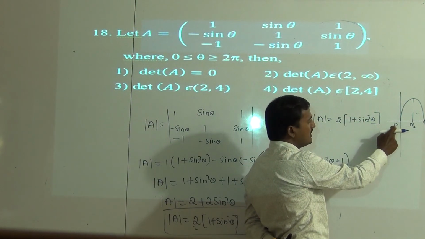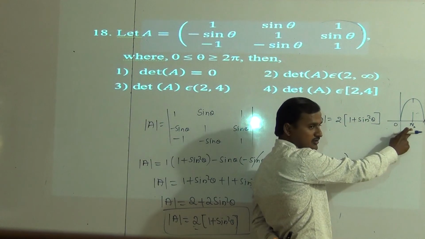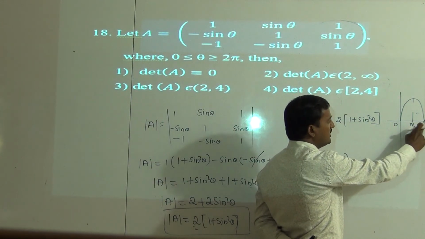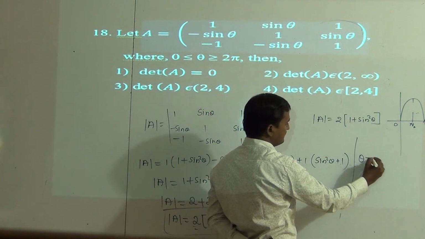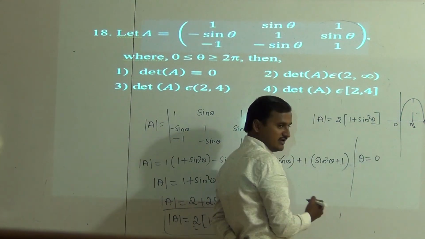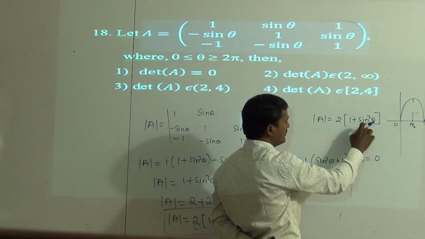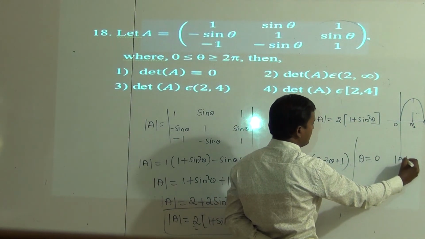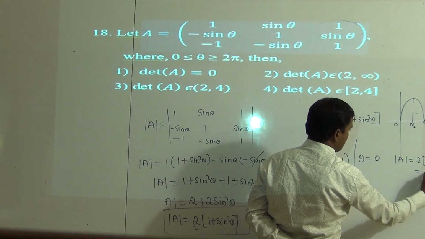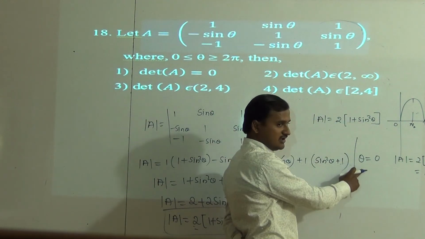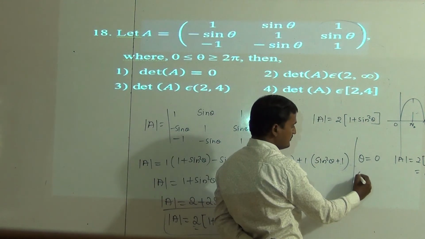Whatever the values of theta for 0 and pi by 2, those are the same for pi, 3 pi by 2 and 2 pi. So clearly here I will take the value of theta equal to 0. If I take the value of theta equal to 0, then what is the value of determinant of A? 2 times 1 plus 0. So therefore what is the value? 2, right?